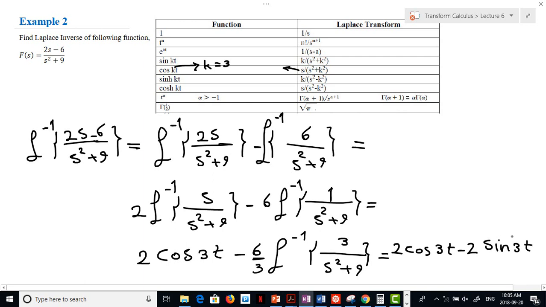So we could find the Laplace inverse of 2s minus 6 divided by s squared plus 9. Now we go to solve another example.